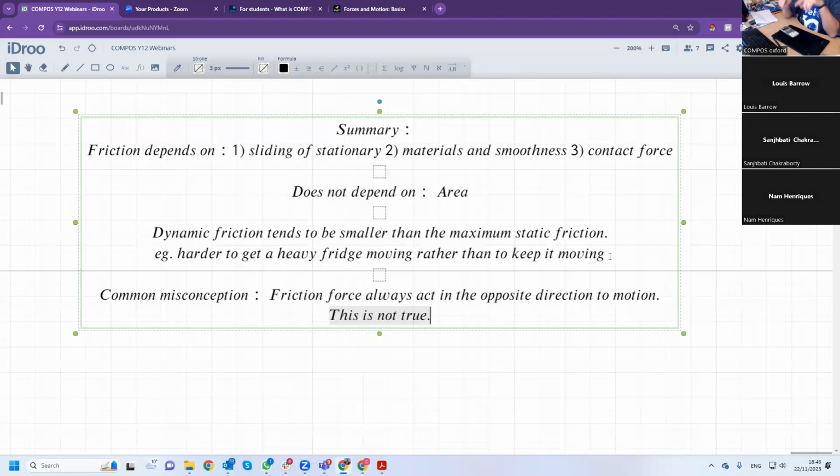Okay? Do you understand what I was trying to say just now? Yeah, so the friction causes movement, and friction is in the same direction as movement. Okay. When I pull the paper from underneath this calculator, there's a friction force between the calculator and the paper.